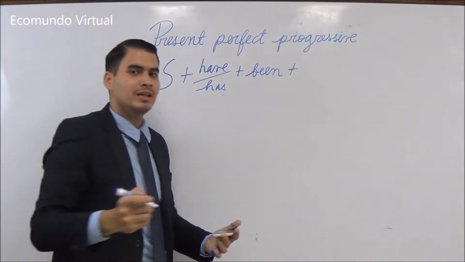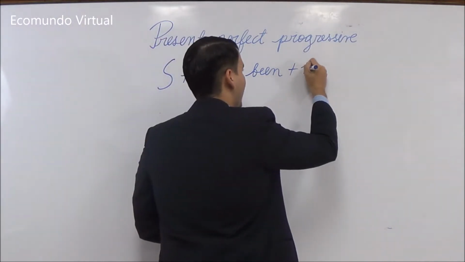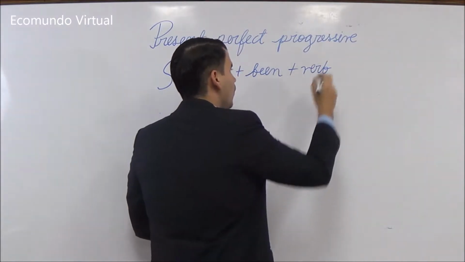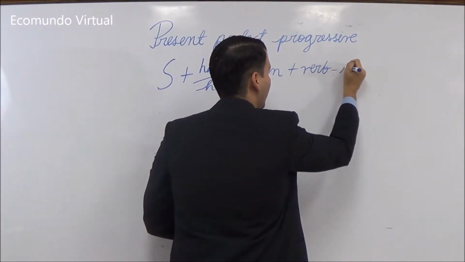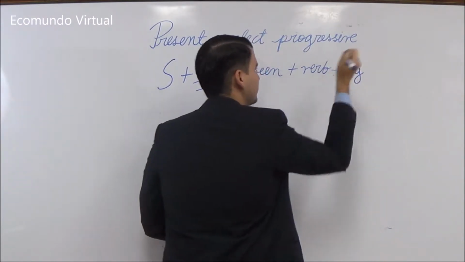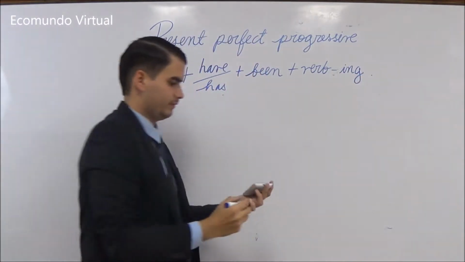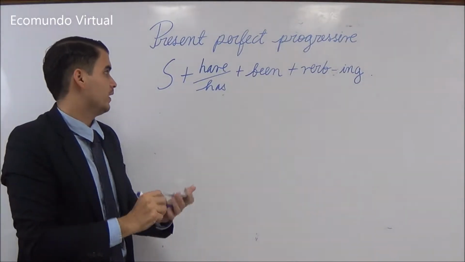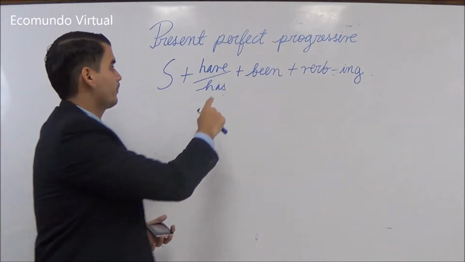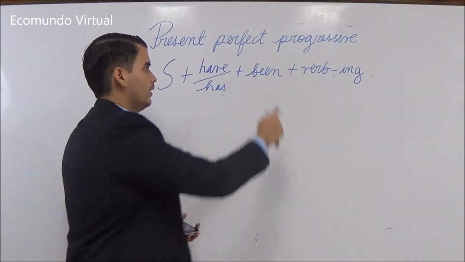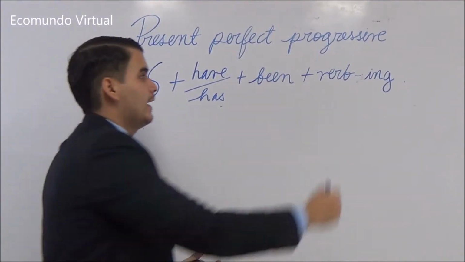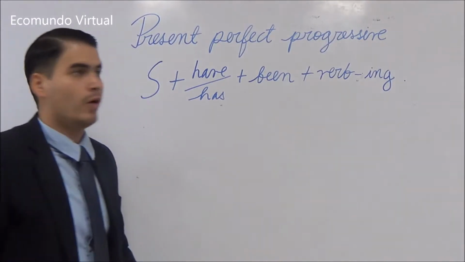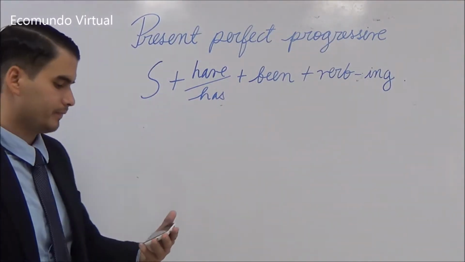And finally, the verb plus the ing. Here we have the structure. Subject, auxiliary have or has, the verb to be in past participle, and the verb with ing.